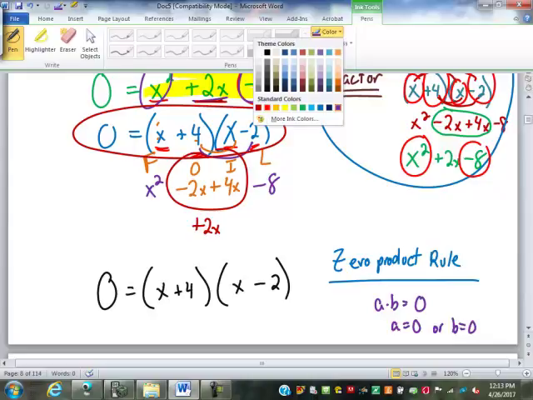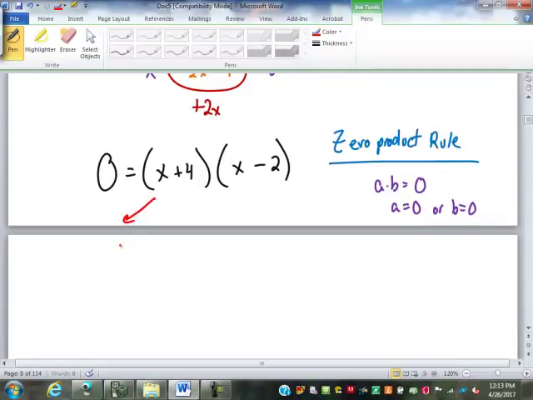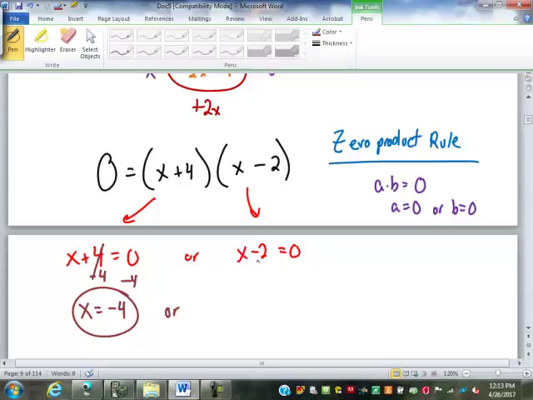So if x plus 4 times x minus 2 equals 0, that's telling me that either x plus 4 has to equal 0, or x minus 2 has to equal 0. So now we solve. We're going to subtract 4 here: either x equals -4, or here we would add 2, x equals +2.